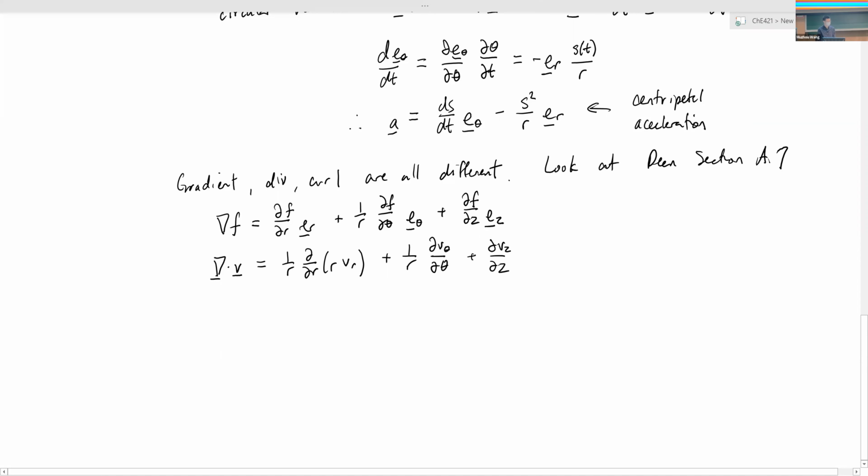Like that. So it's not like before, where we could just think about the del operator as ex times d by dx plus ey, et cetera. Here, things actually get complicated. You can't really think about the del operator as er times d by dr plus 1 over r e theta times d by d theta, because when you actually apply it, like when you dot that operator to a vector, you don't actually get the direct result of that. So just look it up.